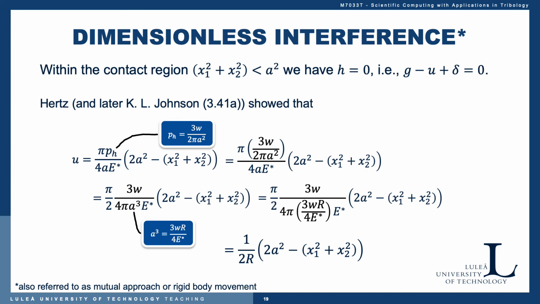So the first part has to do with the Hertzian radius, and the second part is very similar to the parabolically shaped gap between the two surfaces.